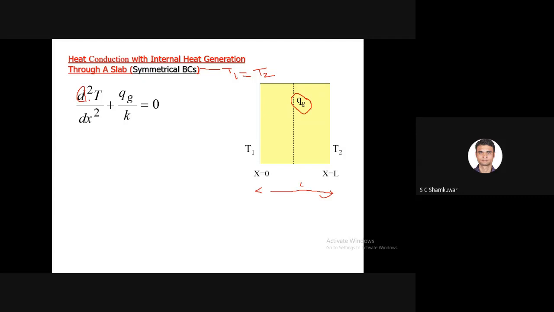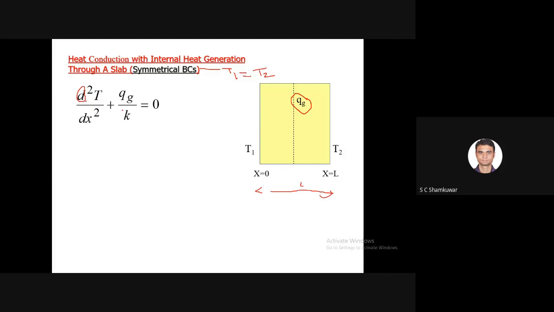We neglect heat transfer in the y and z directions, and the change in temperature with time is 0 because it's steady state, so this is a complete derivative.